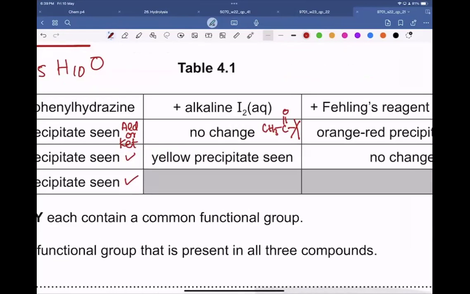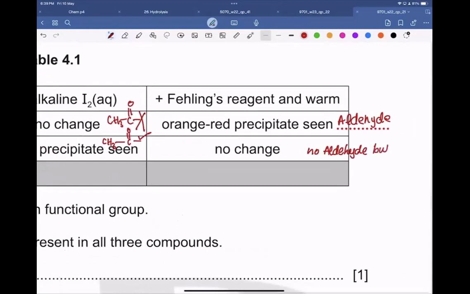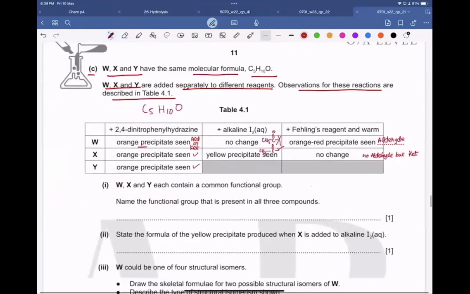It means that the CH3C=O group is present. Right? And no change with Fehling's means no aldehyde. And if aldehyde is not there, then it means that it has a ketone in it. Is this understandable to all of you?